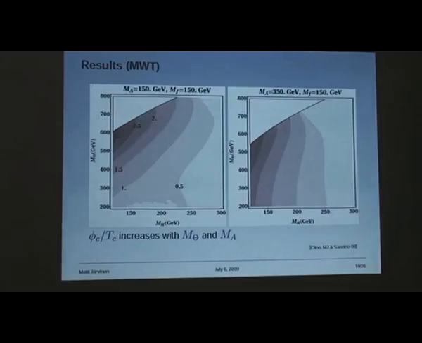Once you have the effective potential, this effective degree of freedom is just a Higgs. But you've picked up all sorts of other degrees of freedom in the process.